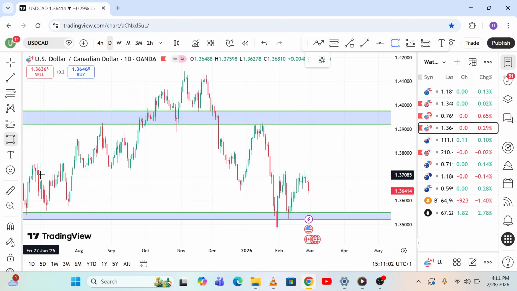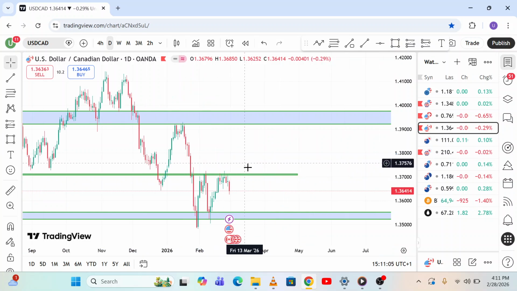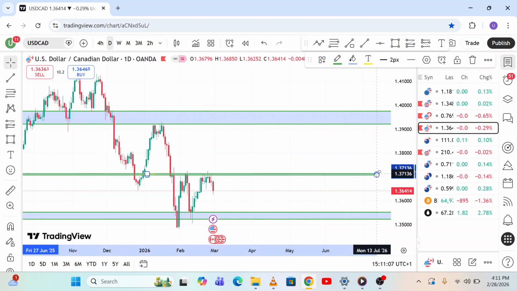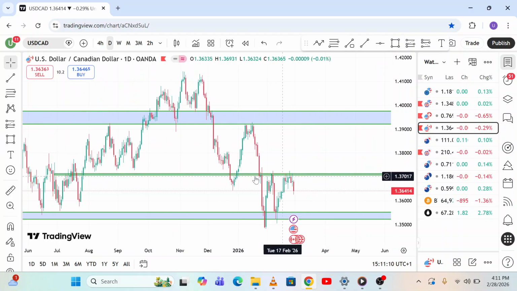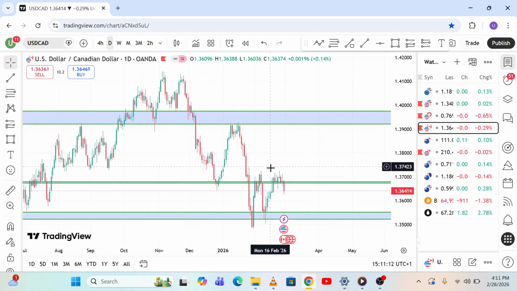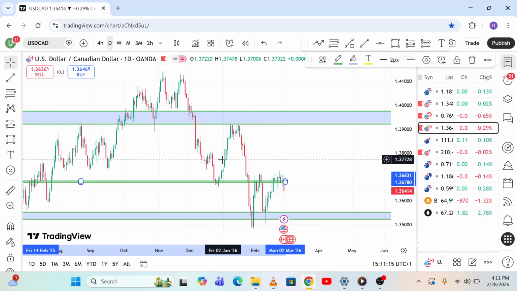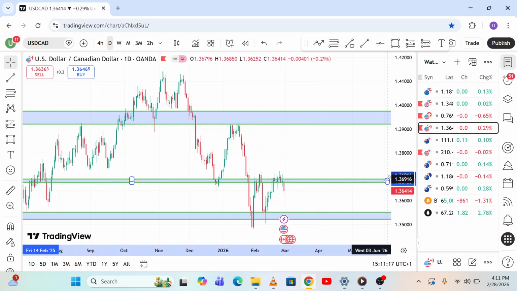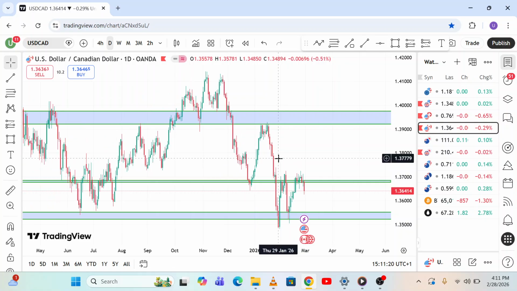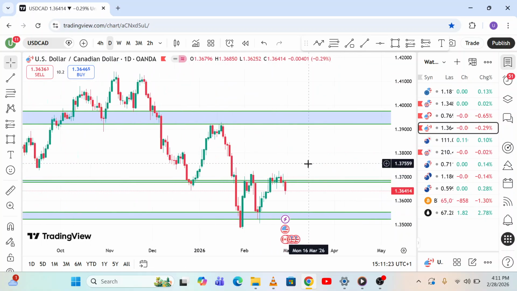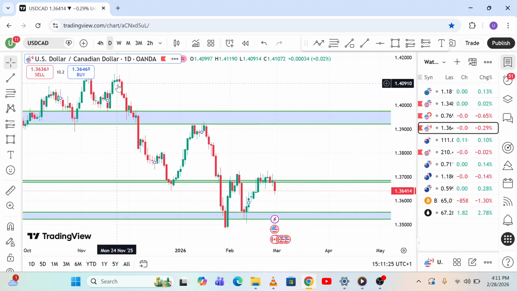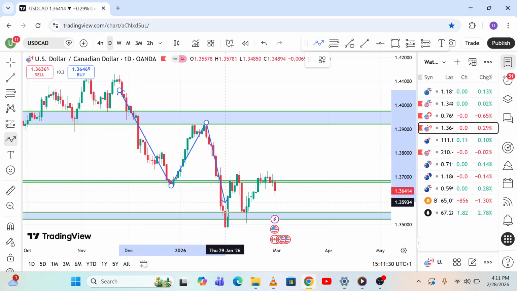As you can see, the market has been in a downward trend by forming lower low, lower high, break of structure, and it tested to create a lower high, but here is the bias.